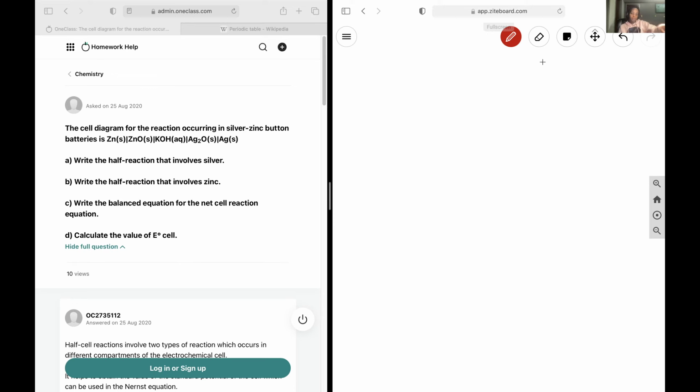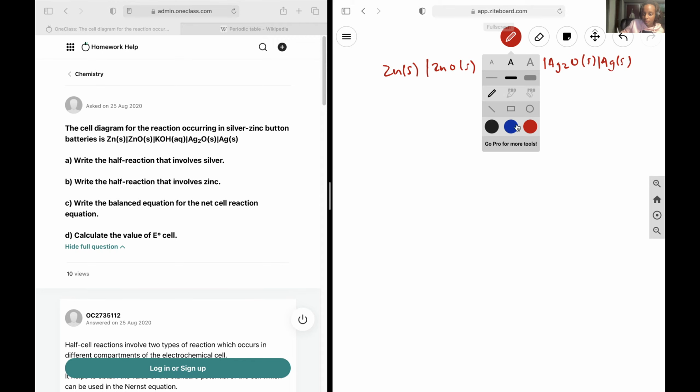Okay, so if you know how to read cell diagrams, it should be read as such. So let's just write it out first. Okay, so if we could label it, the left-hand side of it represents oxidation.